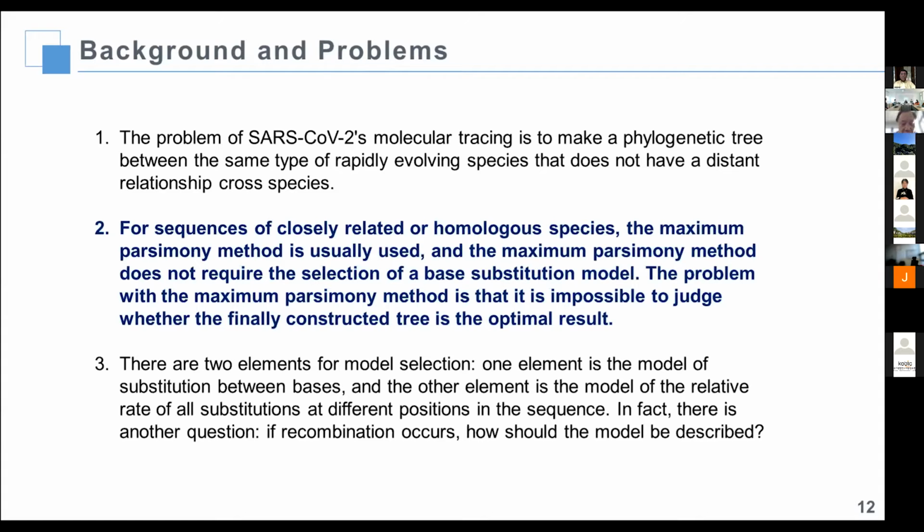Although there are two elements for model selection, one element is the model of the substitution between bases, and the other element is the model of the relative rate of all the substitutions at different positions in the sequence. In fact, there is another question: if a recombination occurs, how should the model be described?